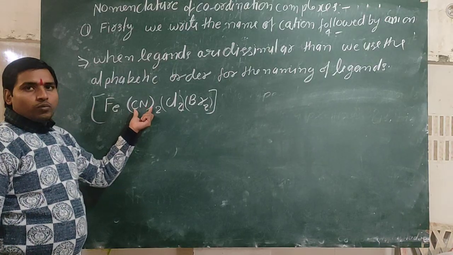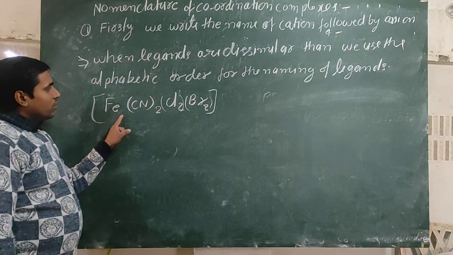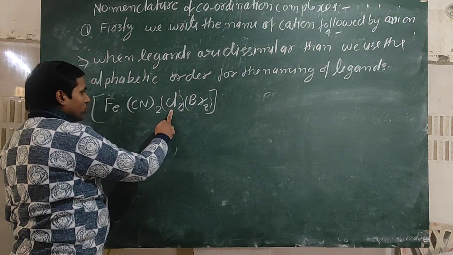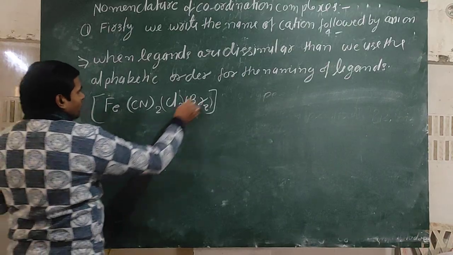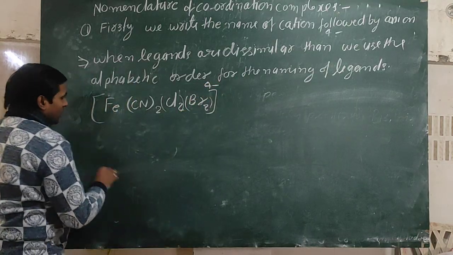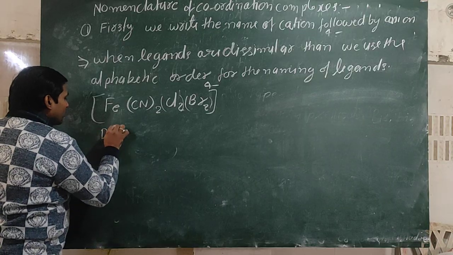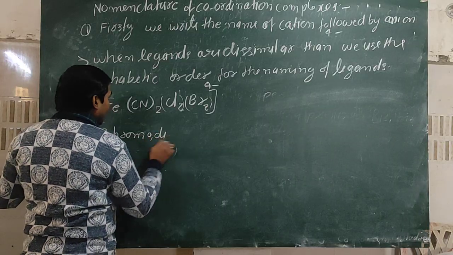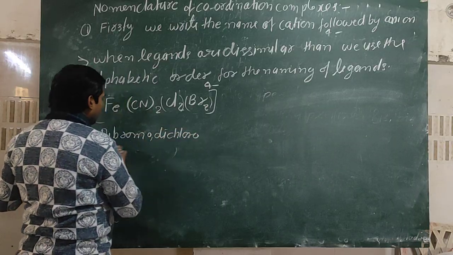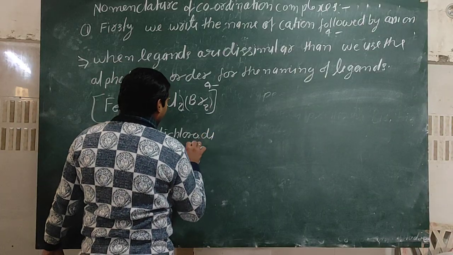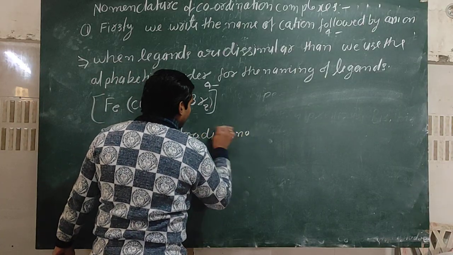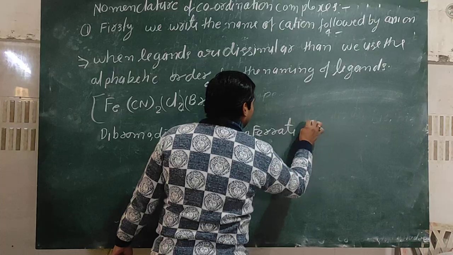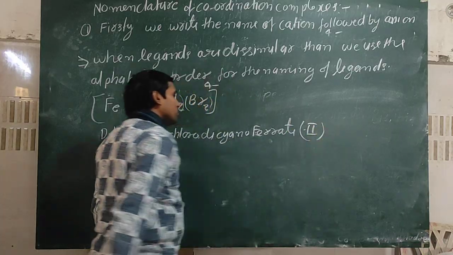But by alphabetical order, firstly we write bromo, then chloro and then cyano, and its name becomes dibromodichlorodicyanoferrate(II).